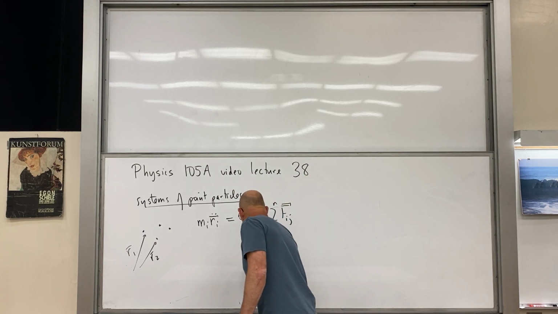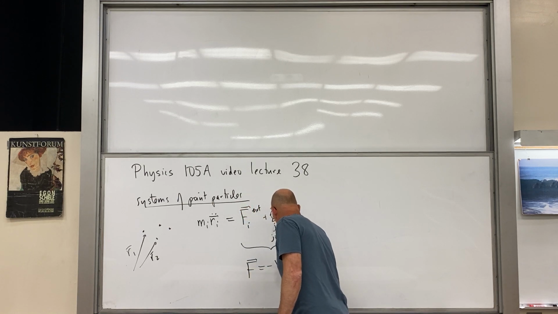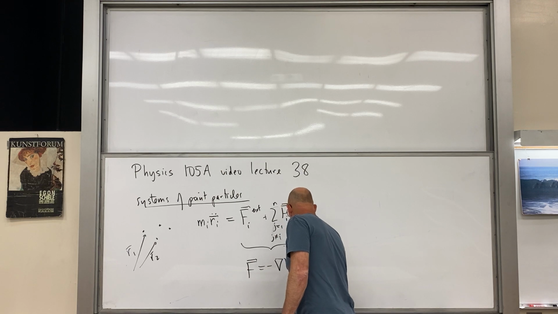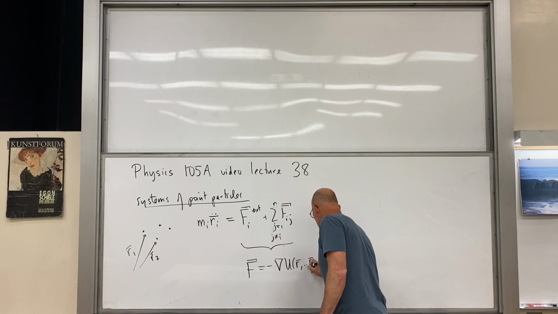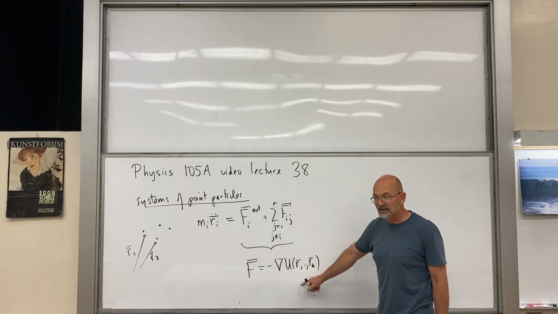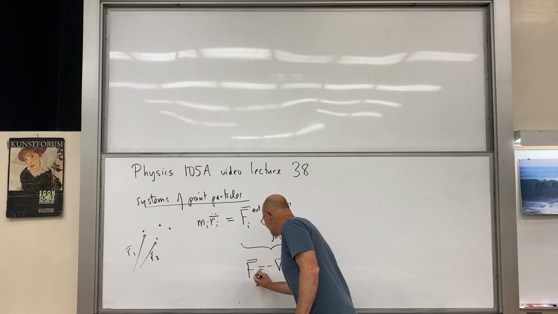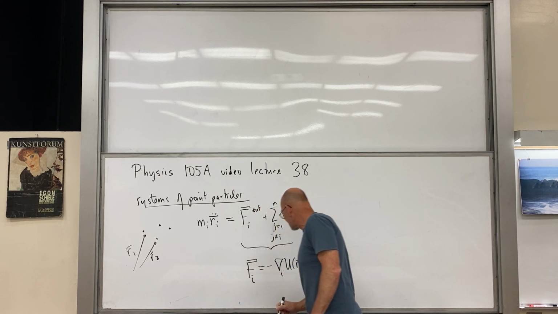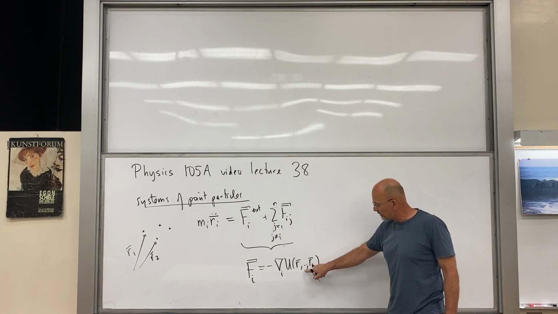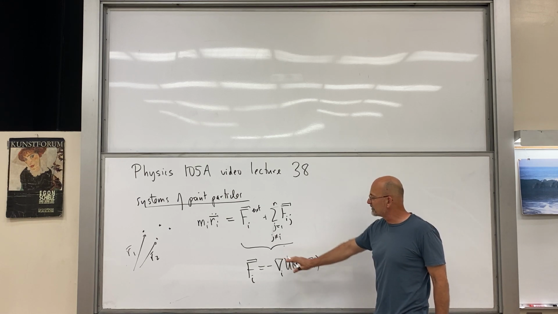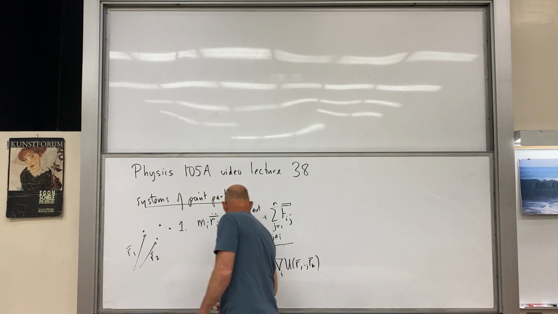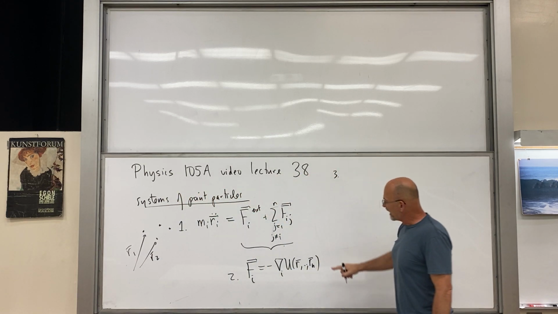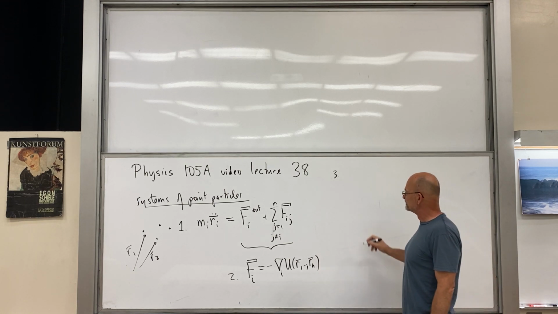But if F can be written as minus the gradient of a potential energy function involving all n of those particles, and this is F sub I, then we have to take the three derivatives referring to the ith particle there. So if we have such a thing, you'd love to number things, right? So if we have such a thing, then energy is conserved.